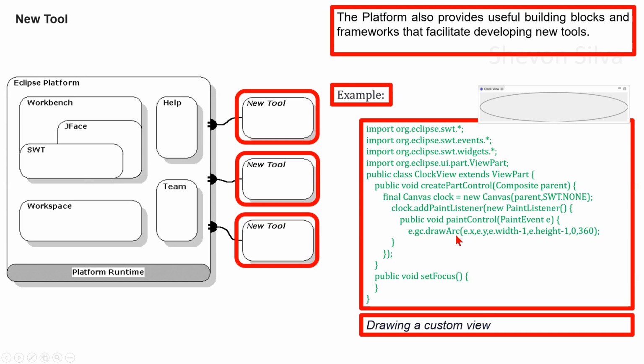So the code will look like this. Run the Eclipse instance and show the clock view. Then resize the view, and the clock should change size with it.